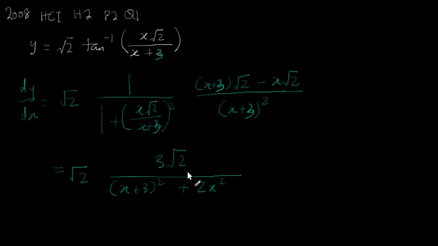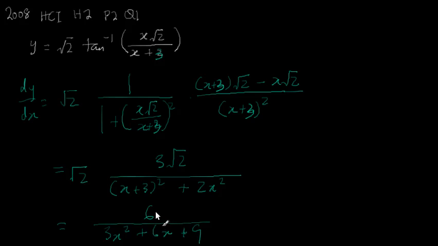And yeah, fine. So if I expand this, I'll get root 2 times root 2 is 2, times 3 is 6, divided by, expand this, I get x squared plus 2x squared, that's a 3x squared, and then x times 3 times 2 is plus 6x, and 3 squared is a 9.